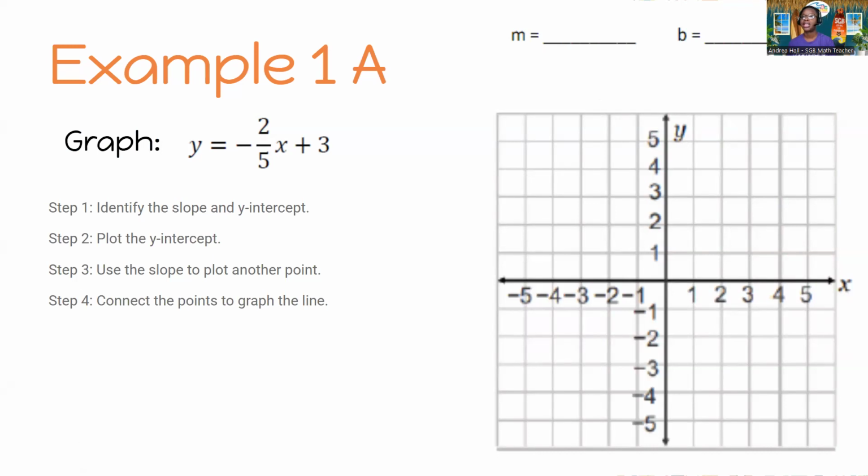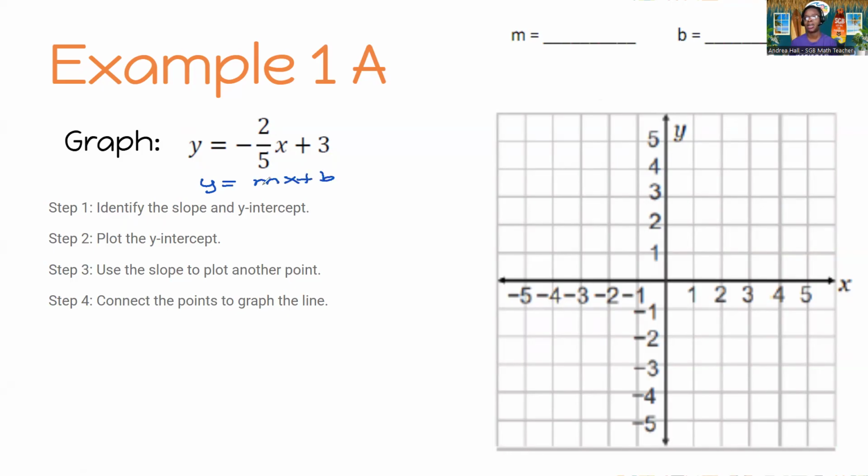All right, so it says graph. They want you to graph y equals negative 2 over 5x plus 3. So step 1, we want to identify the slope and the y-intercept. In case you forgot, remember from the last slide, slope-intercept form is y equals mx plus b.